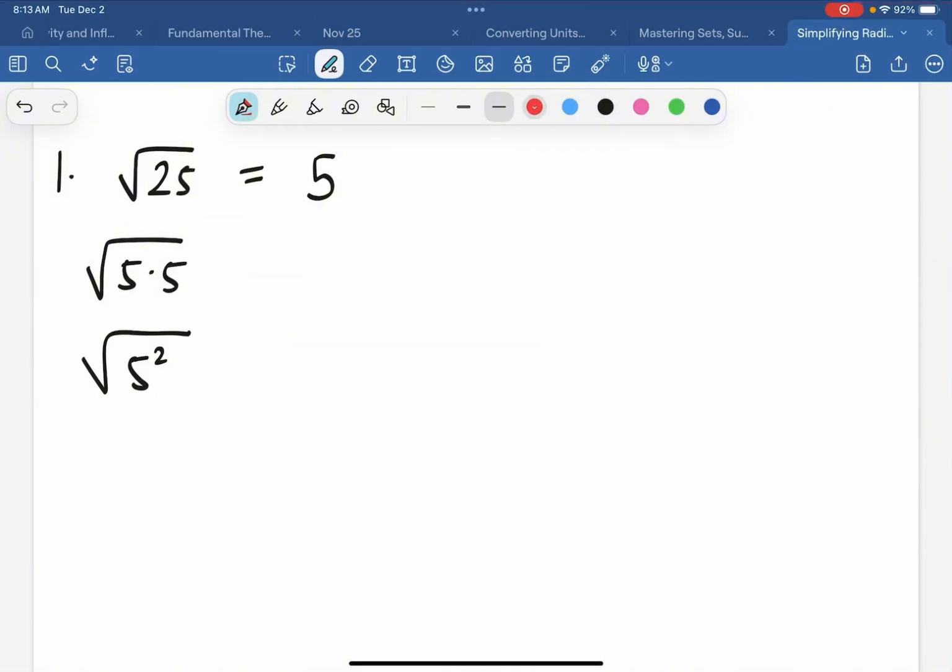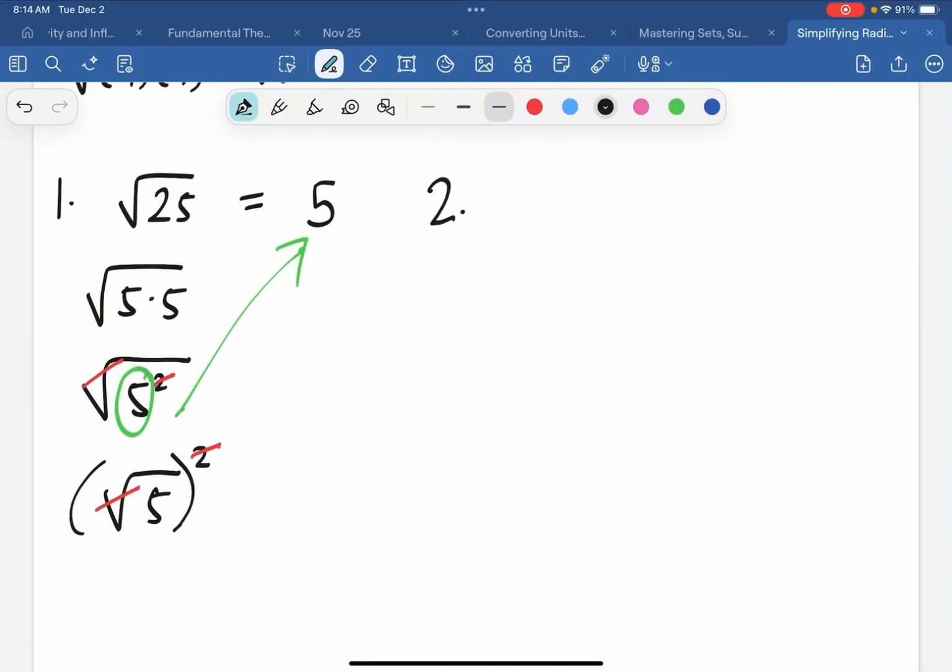Remember that a square root can cancel a square and vice versa. Or let's rewrite this as the square root of 5, and then square it. Again, a square can also cancel a square root. So based on this, the number that is left after canceling is 5. That's why we get 5 as an answer.